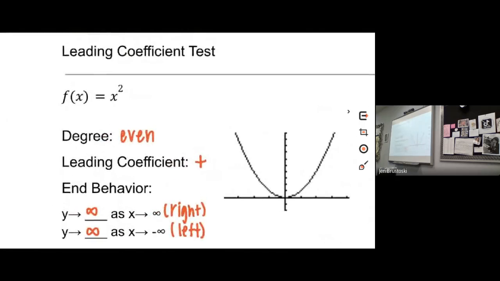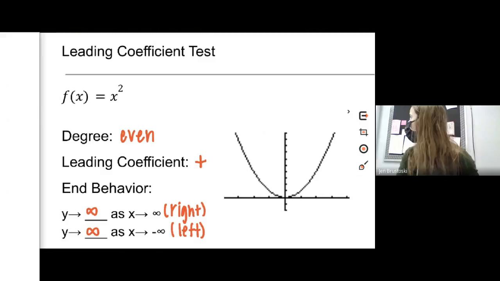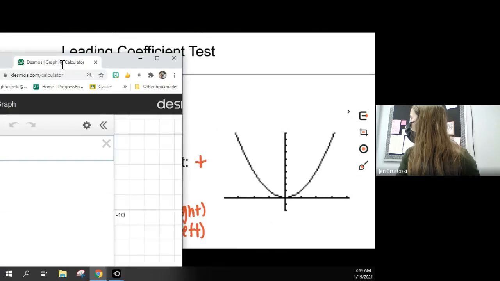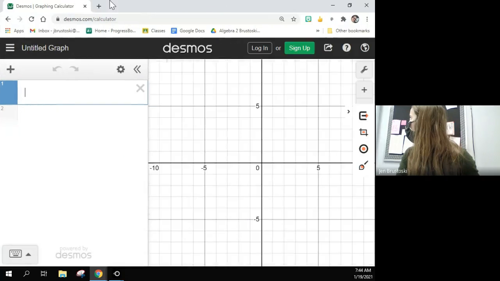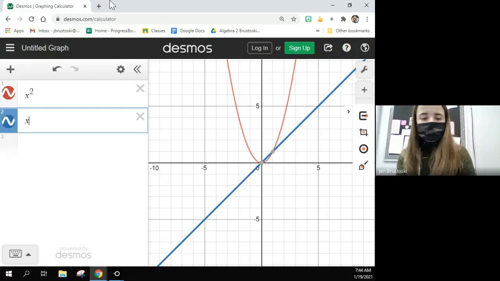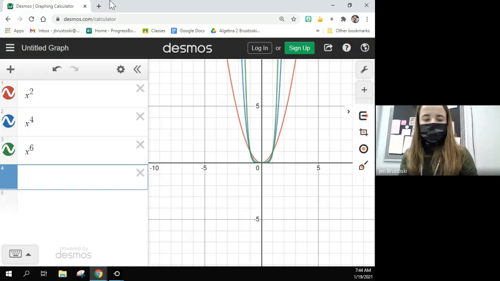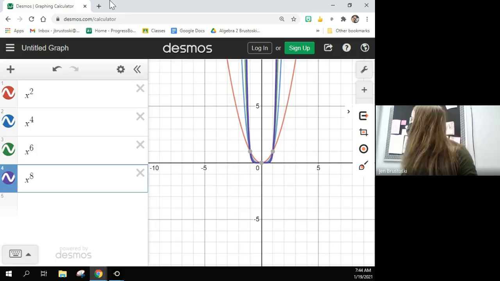I'm going to show you really fast. Sometimes we get caught up on the fact that this is squared. So I'm going to show you that every even function, or at least a lot of even functions, are this way. Here I have x squared, our starting one, then x to the 4th, x to the 6th, x to the 8th.